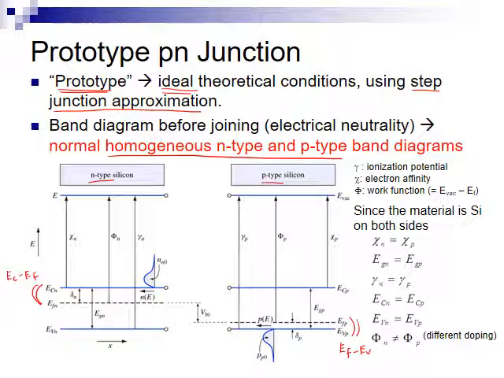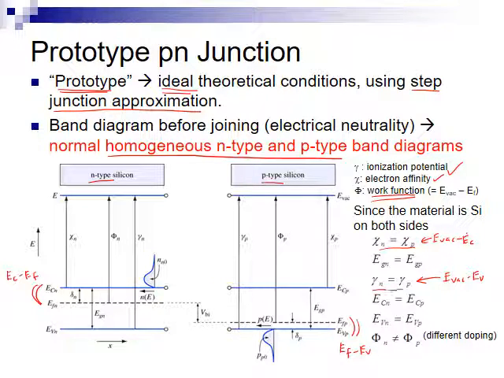Besides the energy levels, other constants that you have to take note of are the ionization potential, electron affinity, and most important is work function. The ionization potential is given by EVAC minus EV, and electron affinity is EVAC minus EC. Thus, since N-type and P-type shown here are both silicon, ionization potentials and electron affinities are the same value for both N-type and P-type silicon.